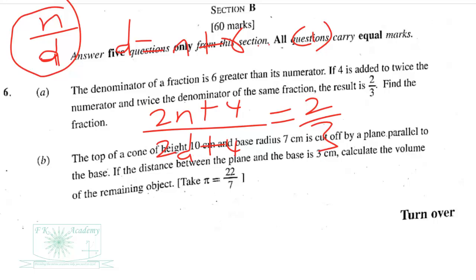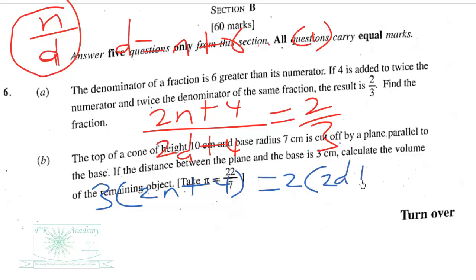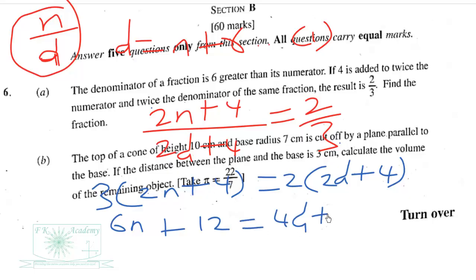We can cross multiply here. So if you multiply this by this, you get 3 times 2n plus 4 is equal to 2 times 2d plus 4. Let's expand. 6n plus 12 is equal to 4d plus 8.